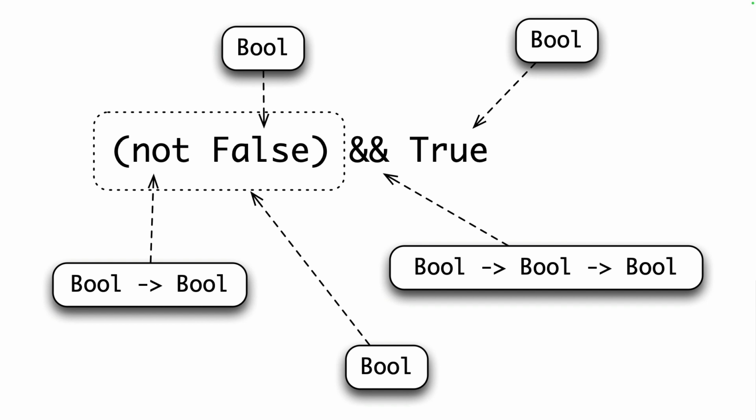So on the left of the and, we have a boolean. On the right of the and, we have True, which is also a boolean, and and is an operator that takes two booleans to a boolean. So that expression is fine, it type checks, and it denotes a boolean. Okay, that's fine.